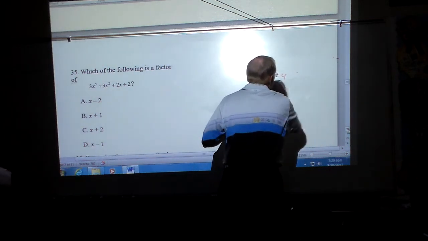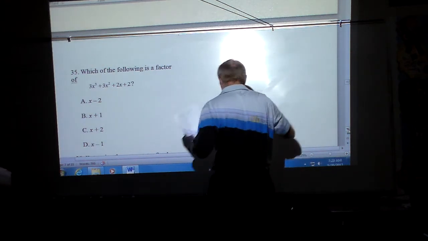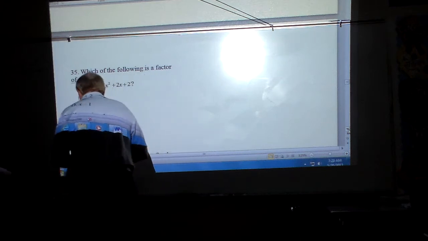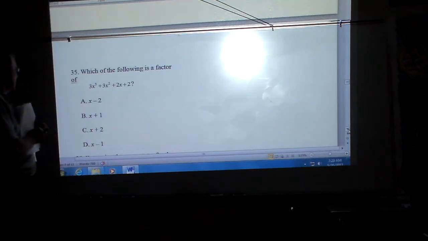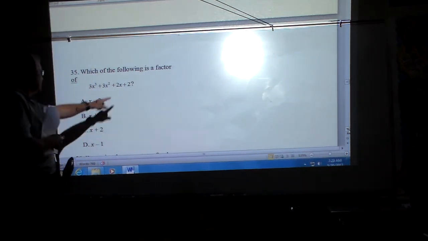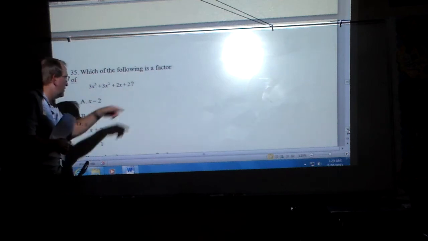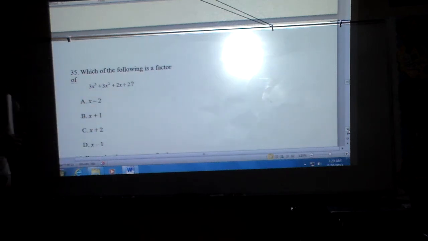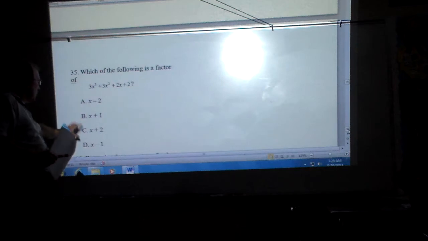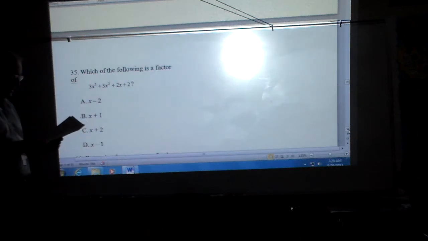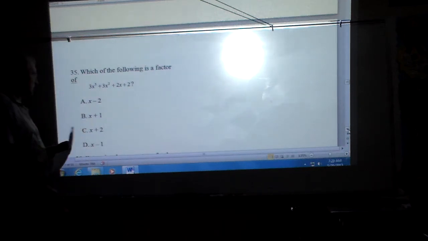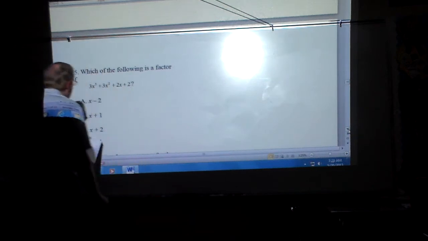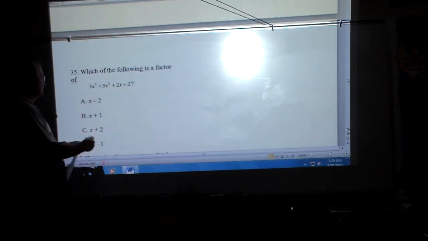Which kind of is where the synthetic division comes in really important here. So as I look at my choices, I see a 2 here and I see they're all positives. If they're all positives, that probably means it's probably not one of these 2 negatives. Probably, that doesn't guarantee that. And because I see a 2, I would start with x plus 2.